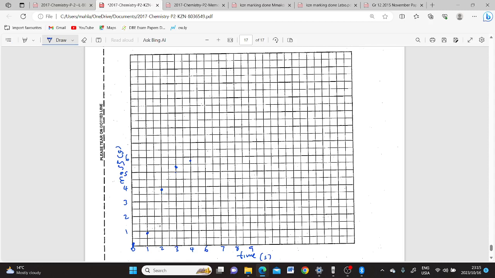Then after that, it's 5.9, 5.9, 5.9, and the last one is 5.9 here. So let's start here from 0, then this will be our graph.